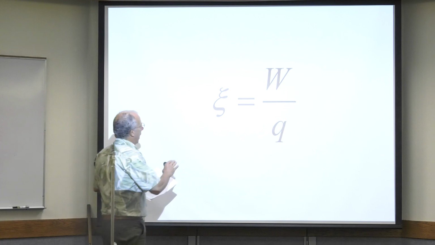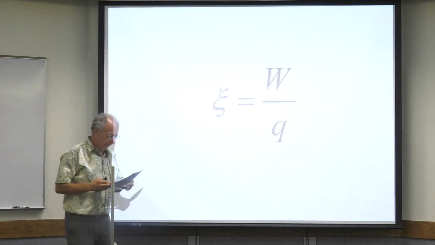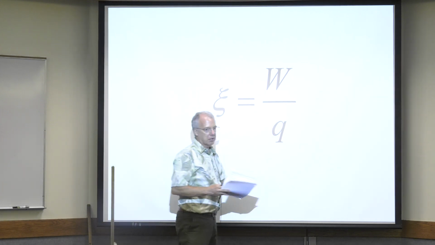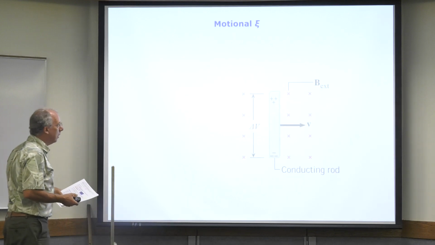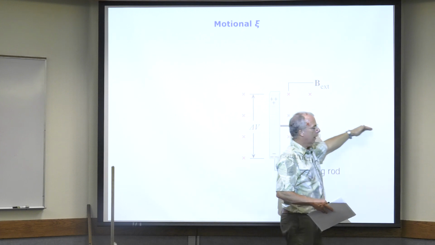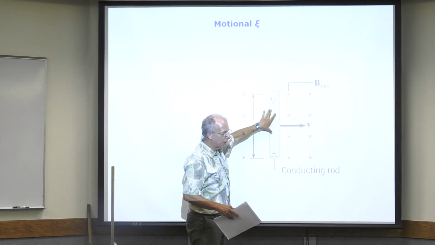Now, this is really a very general equation. This is the work done by any force to separate charges, right? So for this, I had to apply a force to move this thing, and then there are magnetic forces to separate the charges.